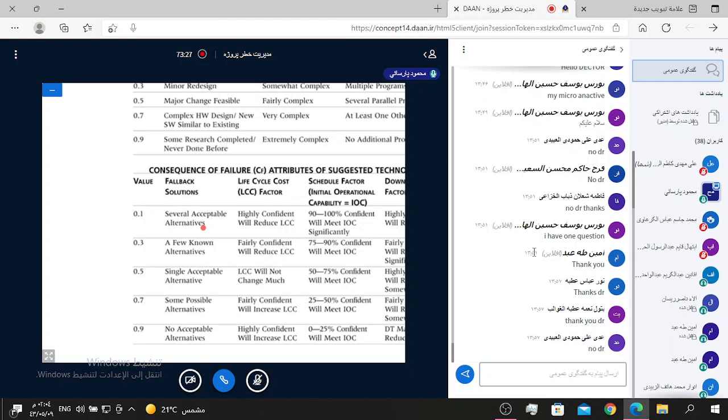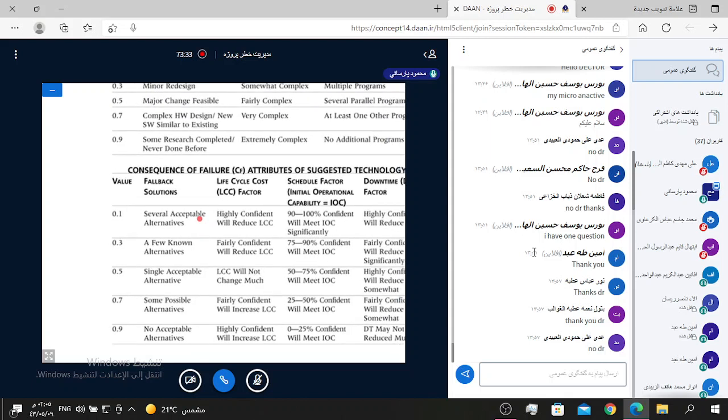The next column is fallback solutions. The next column is life cycle cost, LC or LCC, life cycle cost factor or LCC factor.